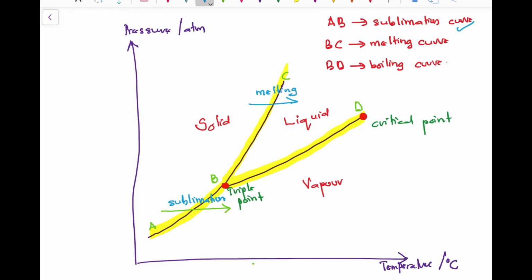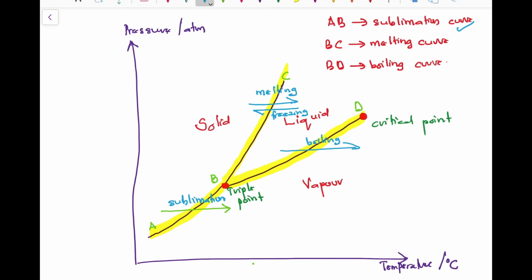That's why the curve BC is a melting curve. And the process from liquid to solid is freezing. And the transition or the phase change from liquid to vapor is called boiling. That's why the BD curve is called a boiling curve.